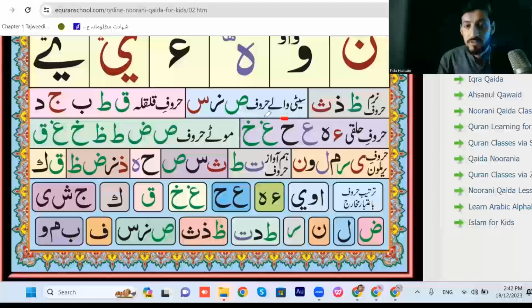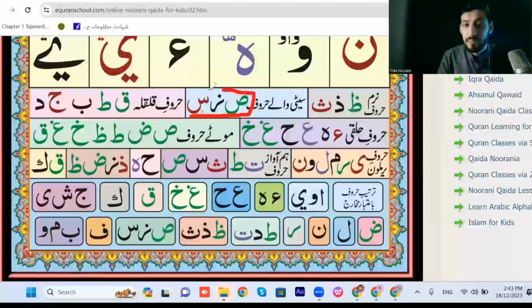Siti wale huruf. The second group is those letters which are whistle letters. We call them whistle letters. When we read, we are actually pronouncing and reading these letters with a whistle sound, like sword, the scene.